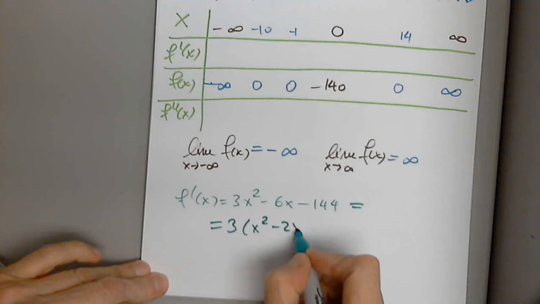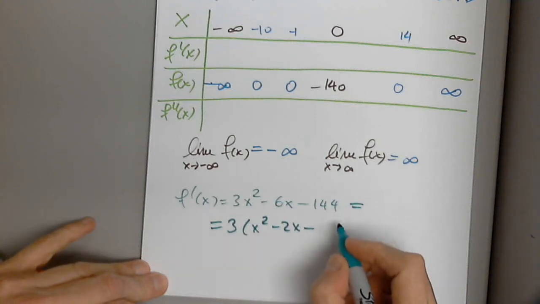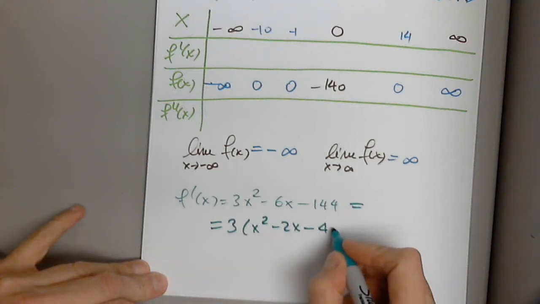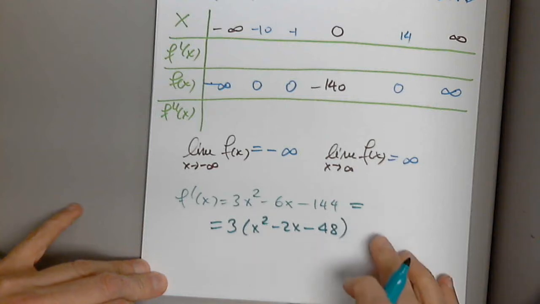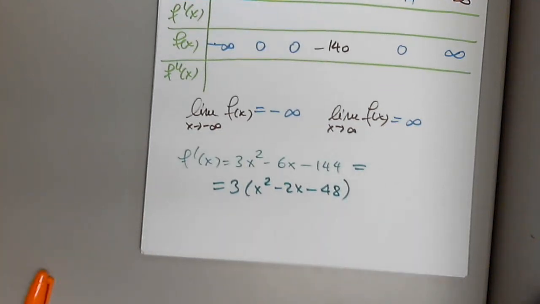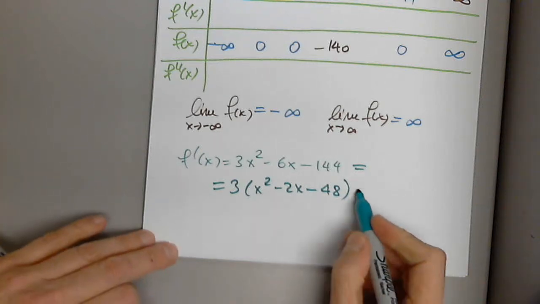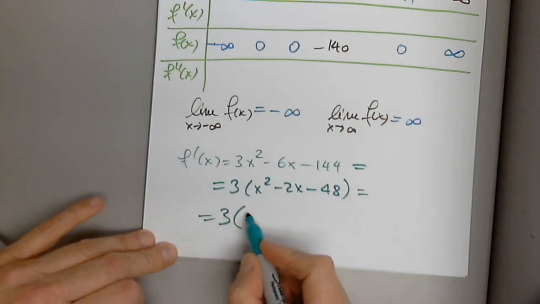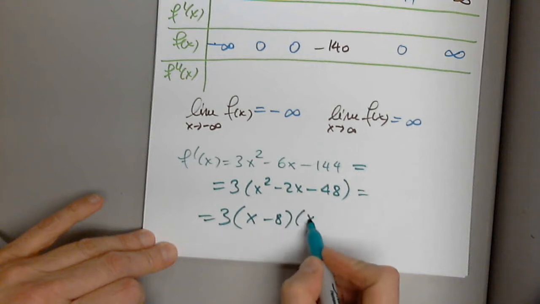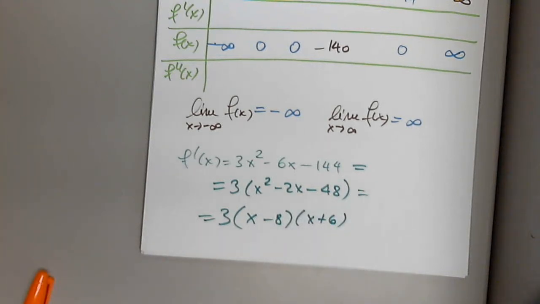So this is x squared minus 2x, and minus, is it 48? Yeah. So then this I can still factor into x minus 8 and x plus 6. And it cannot be easier at this point.